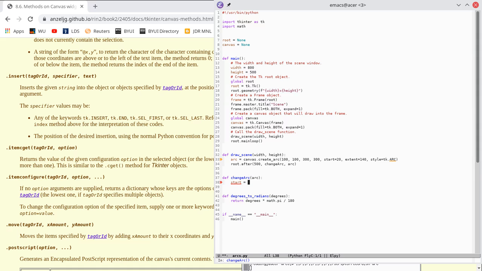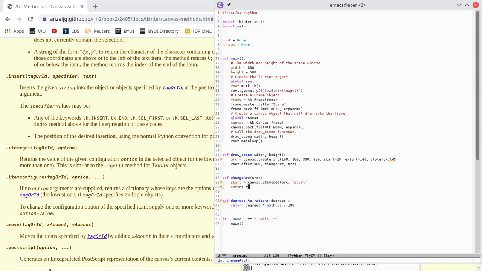Start equals canvas dot item cget arc, I have to make that a string, start.